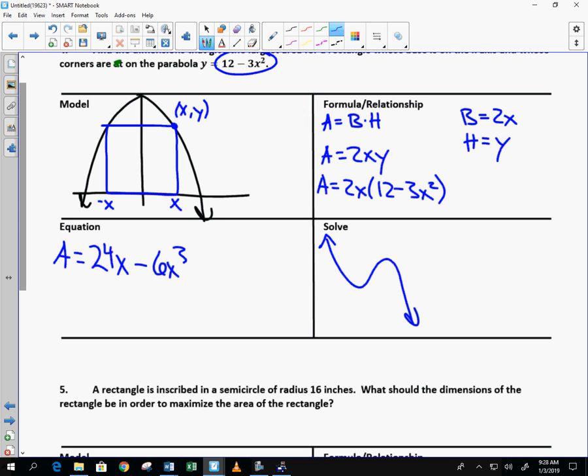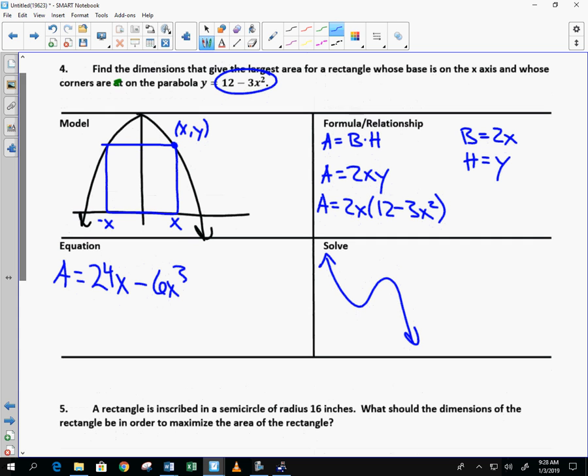Because it says find the largest volume. Find the dimensions that give the largest volume. The largest area, excuse me. Take the derivative. What's the derivative? Set that equal to 0, because that's where the derivative is equal to 0. 24 equals 18x squared.